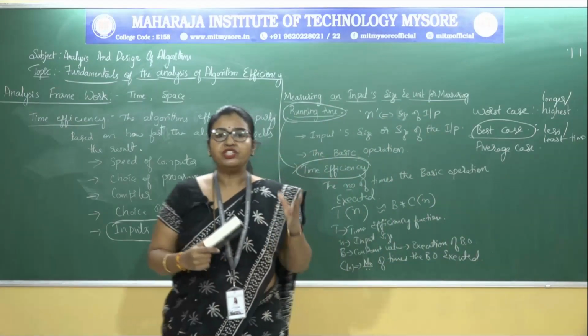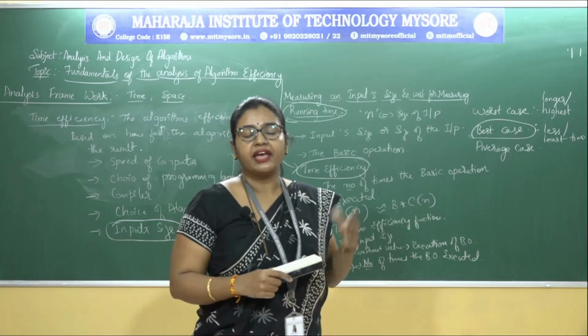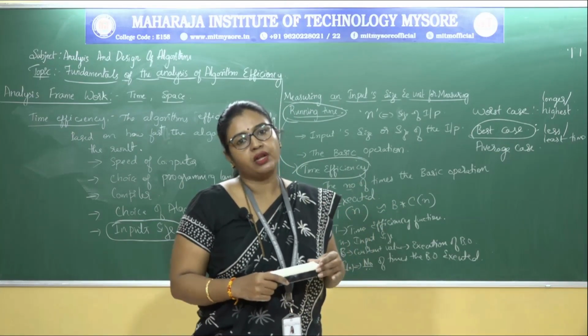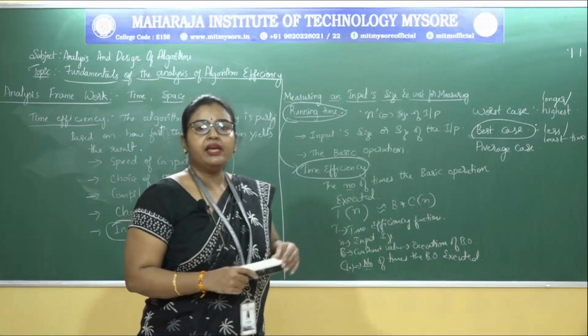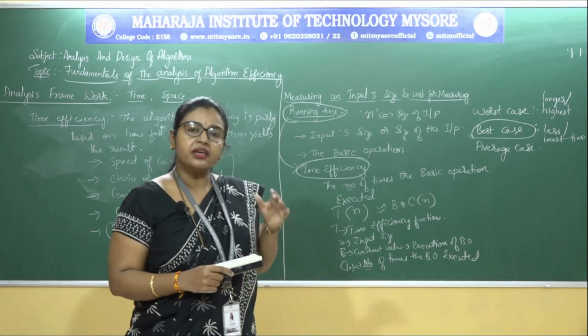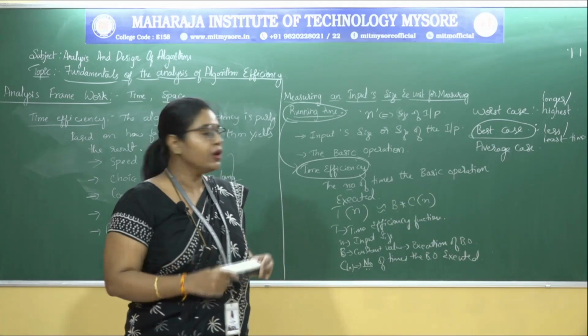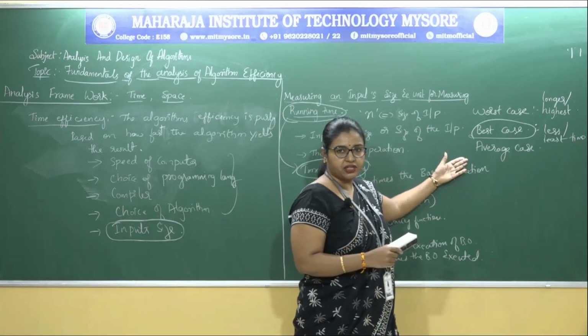The algorithm which takes the highest time for getting the solution for your algorithm, whatever the time it has taken, will be considered as the worst case of that particular algorithm efficiency. Okay, so best case, worst case and average case.